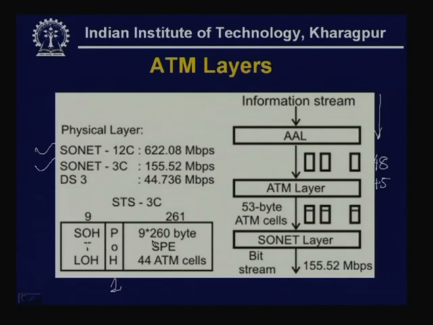As you can see, 9 into 260 bytes, this is the SPE, the synchronous payload envelope, and in this the ATM cells are packed, and with this we can have 44 ATM cells packed in this.